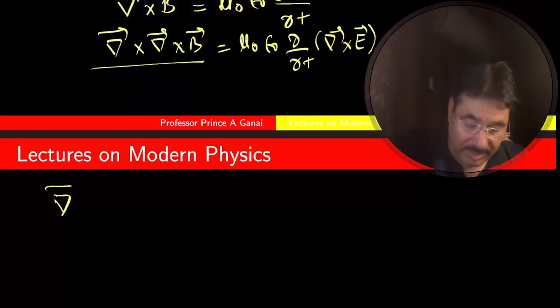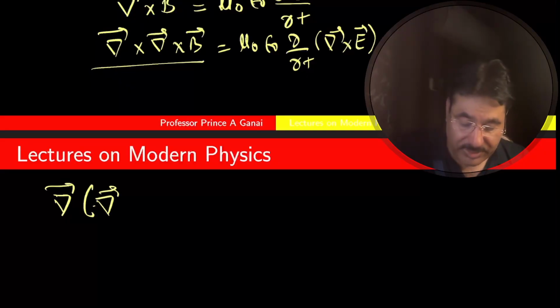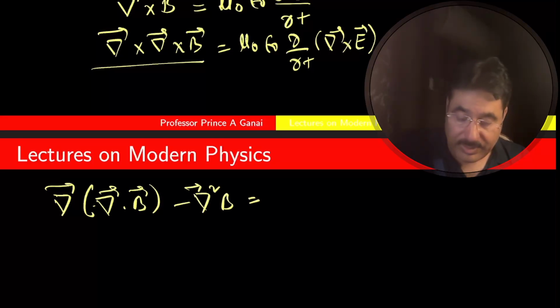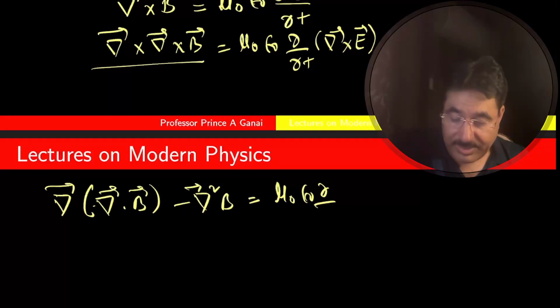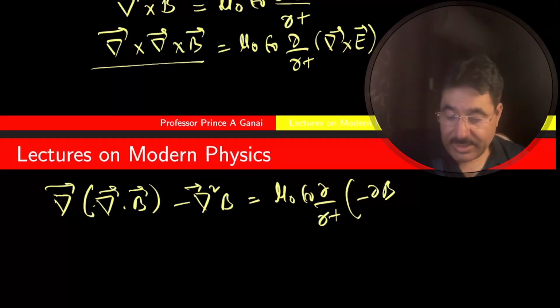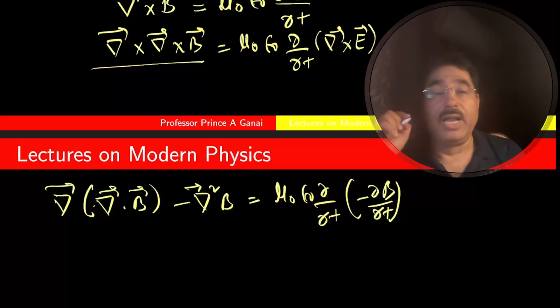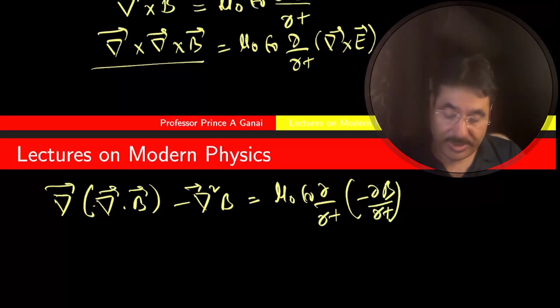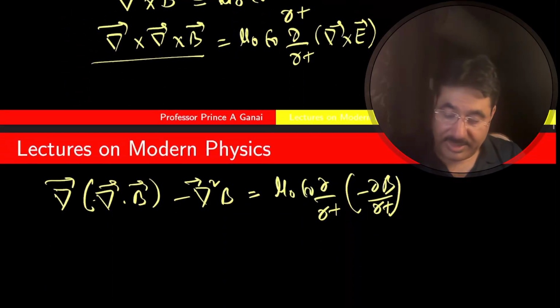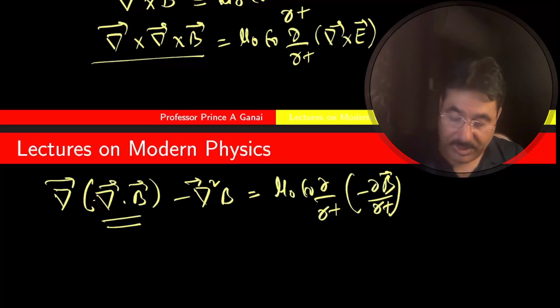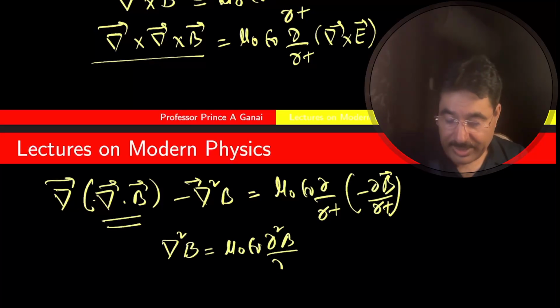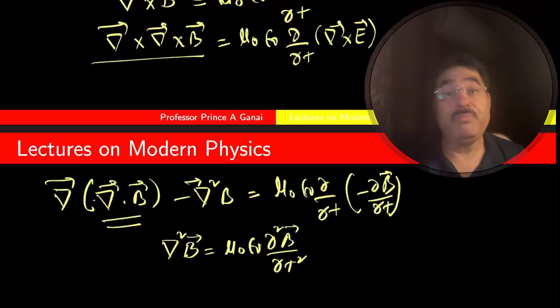So it is gradient of divergence of B minus del square B is equal to mu naught epsilon naught del by del t of, and this is minus del B by del t when you use Faraday's law for del cross E. Now del dot B is 0, so minus and minus will cancel. So del square B is equal to mu naught epsilon naught del 2B by del t square.